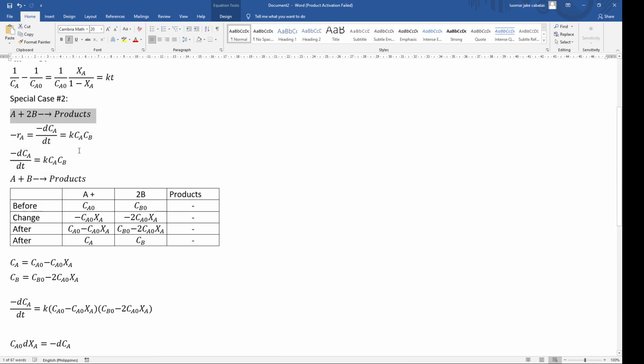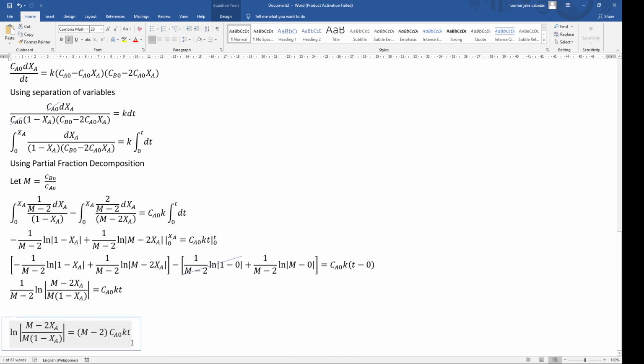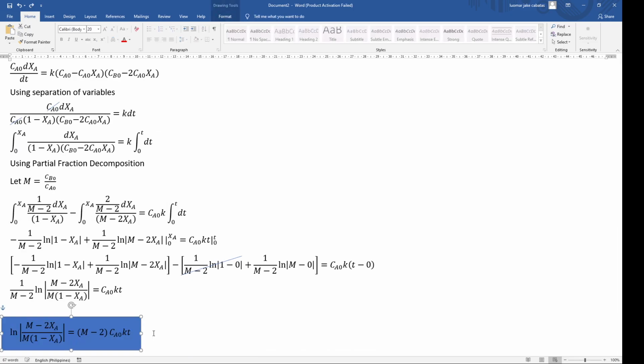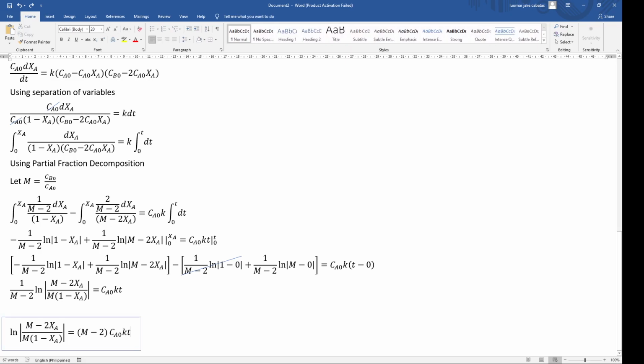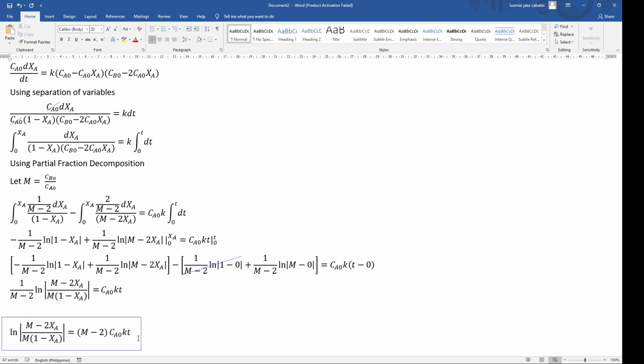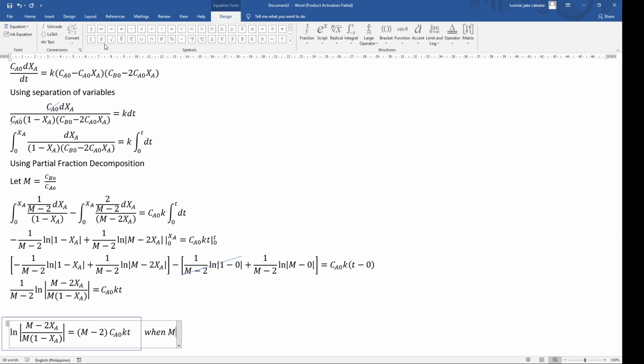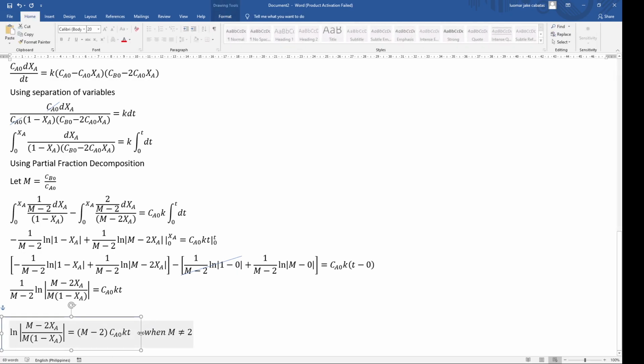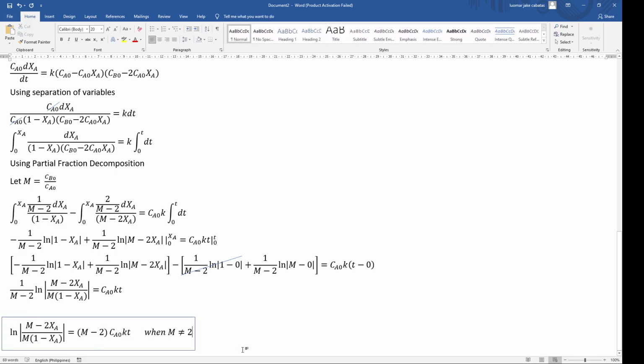And then when CAO and CBO is not equal to each other. Also, remember that this equation should be used when m is not equal to 2. M is not equal to 2.